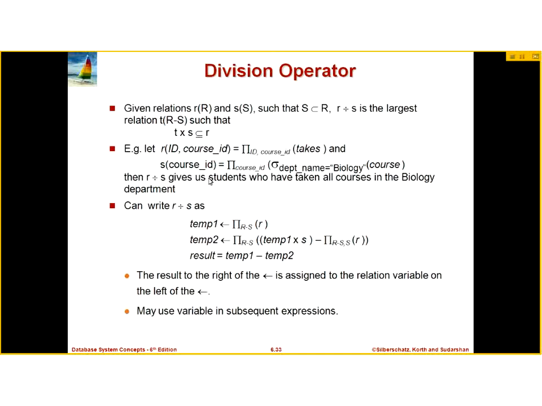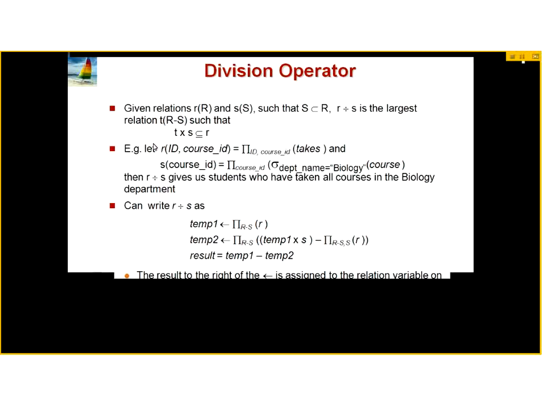Given relations R and S, R division S is the largest relation T such that T cross S is a subset of R. For example, let R be a relation over student ID and course ID.